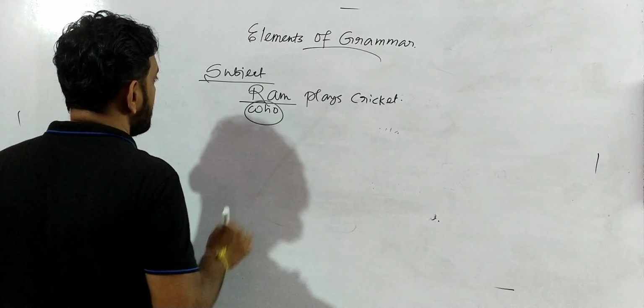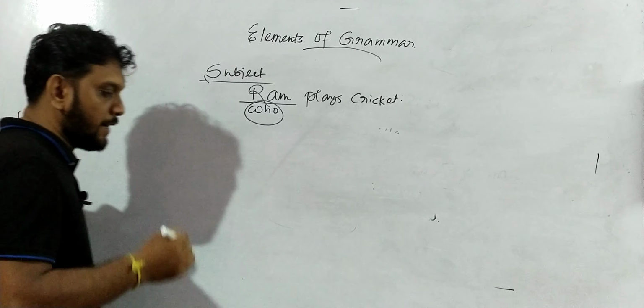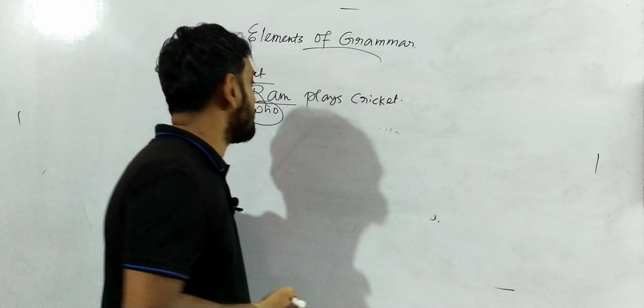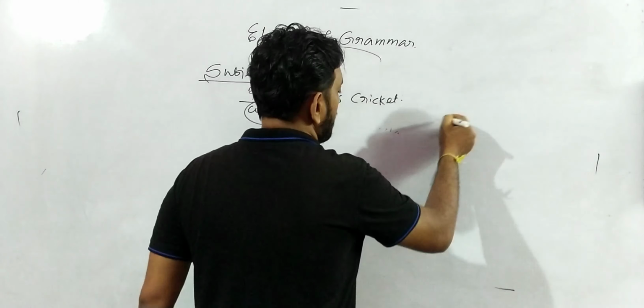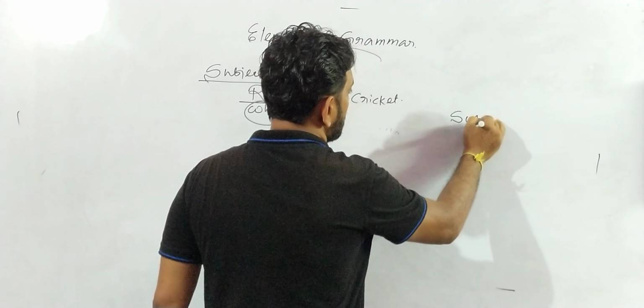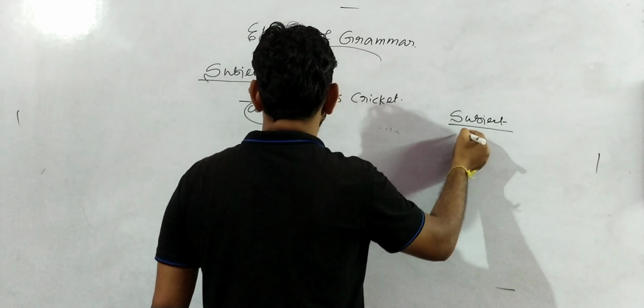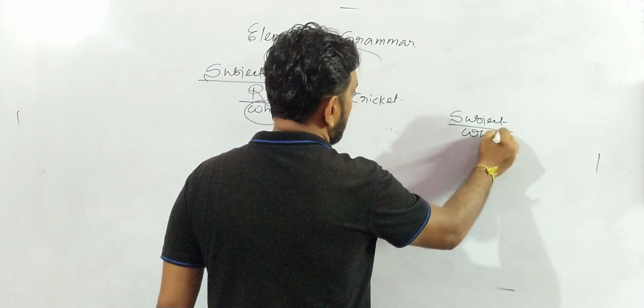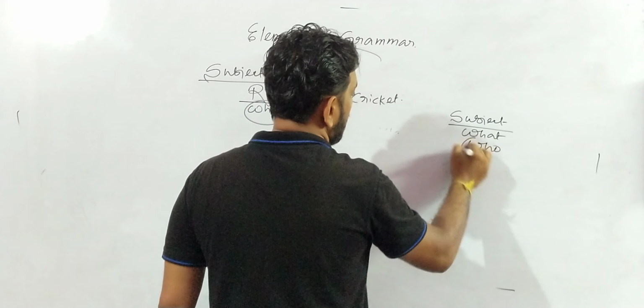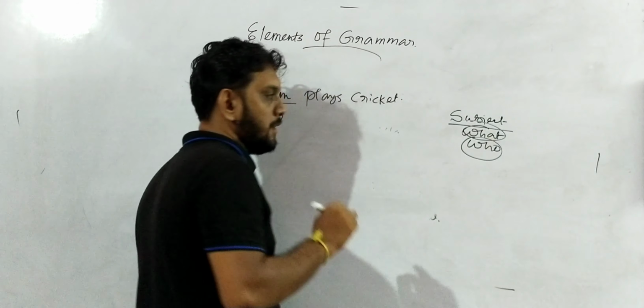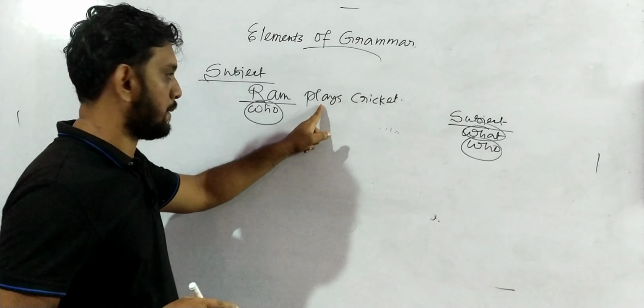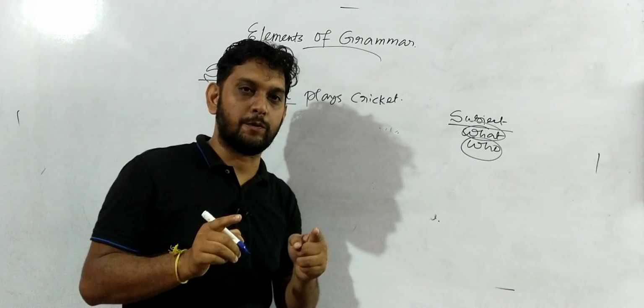Now there is also another way to find out the subject in a sentence. You see, how can you find out a subject? By using the question words what and who. Listen to me very carefully.